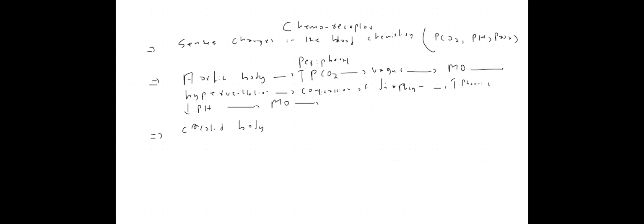Decreased pH means you have acidosis, and the response against acidosis is respiratory alkalosis. How will you get respiratory alkalosis? By removing the carbon dioxide out of the body. In a similar way, they will do hyperventilation to bring the pH back to normal, which is called respiratory alkalosis.